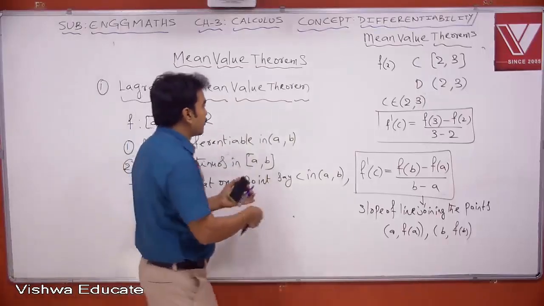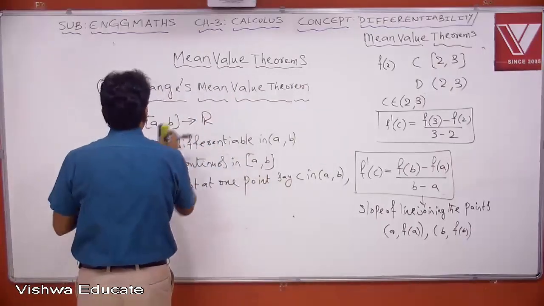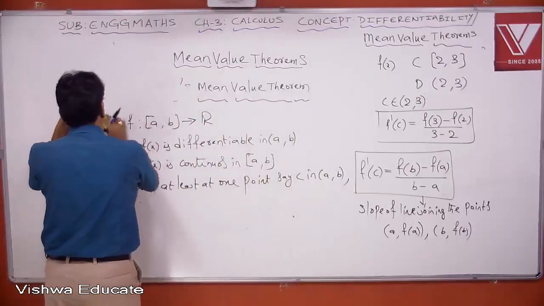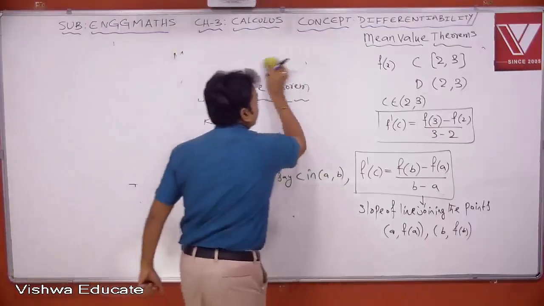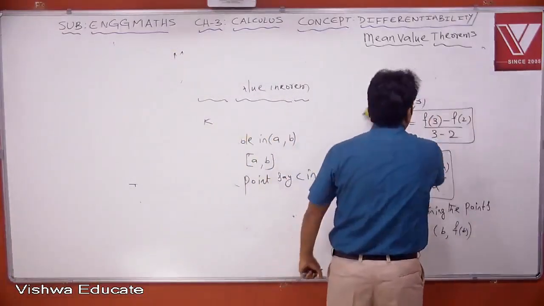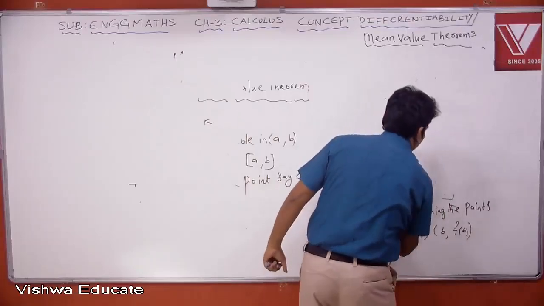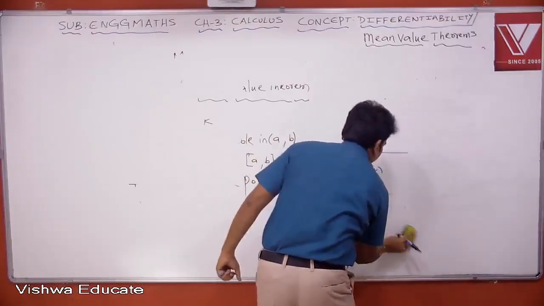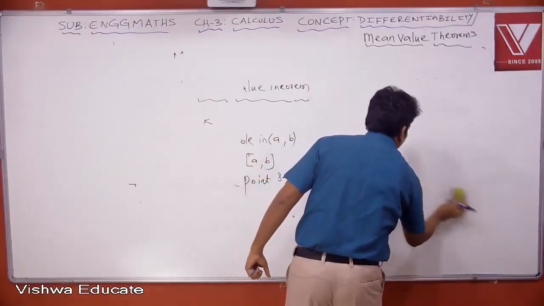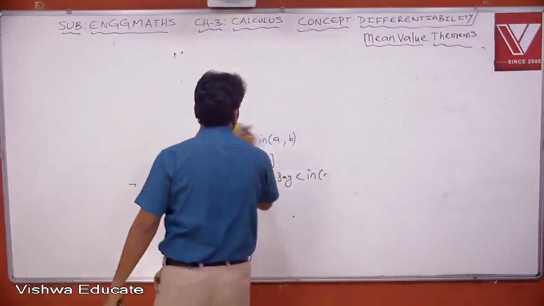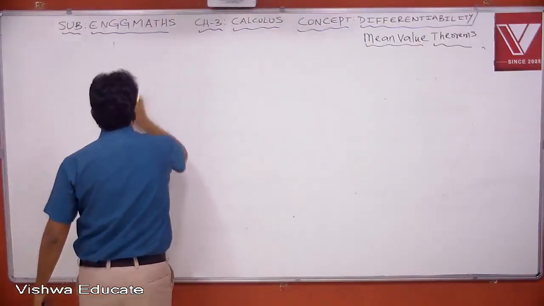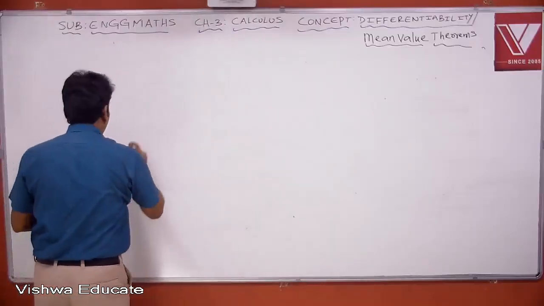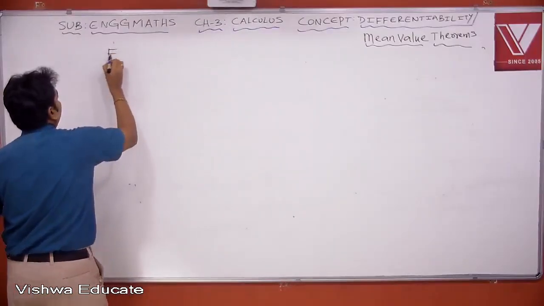Now let us discuss examples of Lagrange's mean value theorem. So let us see examples.